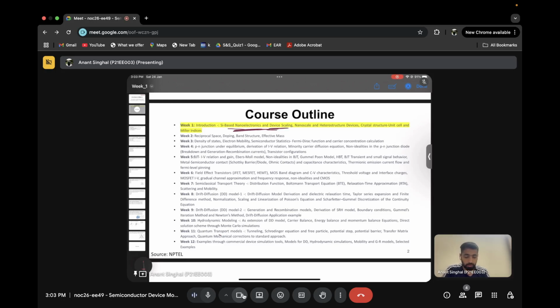Then device scaling, I'll let you know the basics of device scaling. Then we have certain different structures that are coming into the state of the art that are present in your mobile phones, etc. So we'll be having very basic insights about heterostructures and nanostructures, and then a few basic topics that will start in this week will be the crystal structure, unit cells, and the Miller indices.